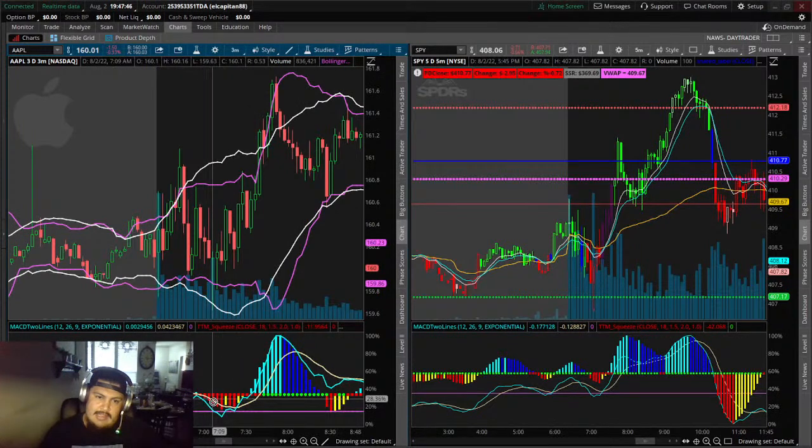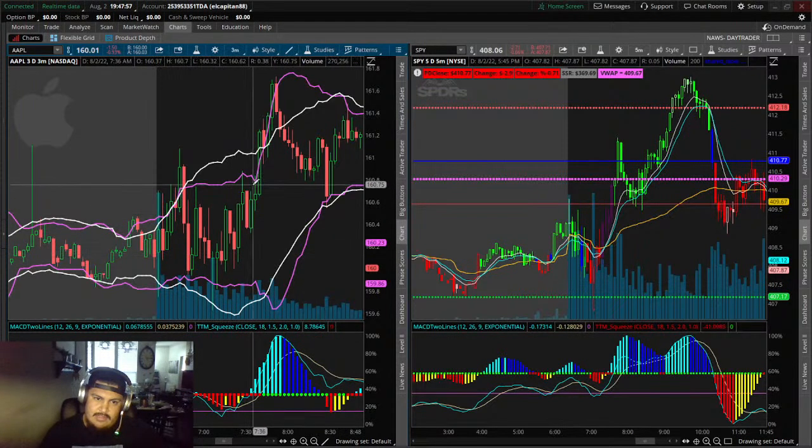You can see that it's in compression all this time right here, right? But the fast line is underneath the slow line here, so it's not the correct time. Once the fast line crosses over the slow one to the top side here, and you have your TTM firing red right here, that is a good indication for you to be able to take that trade.